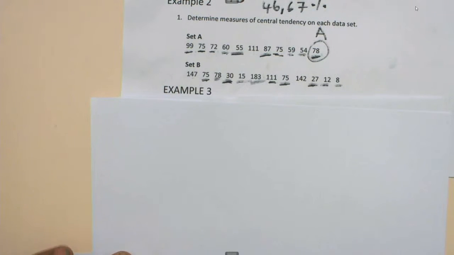So the examiner will tell you that the mean is 75, calculate the value of A, which is a value that forms a part of our data set.